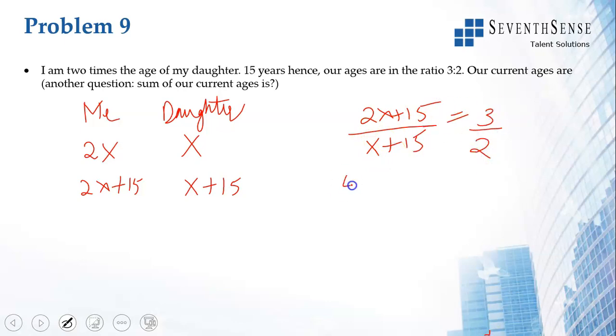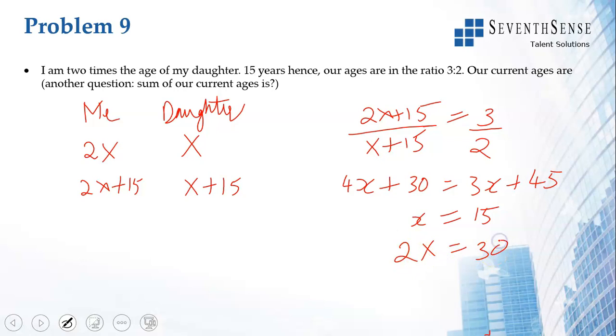So we have 4x plus 30 equals 3x plus 45. X is equal to 15. So that is the daughter's current age. My age, or rather the person who calls himself I, will be 2x. So that will be 30.